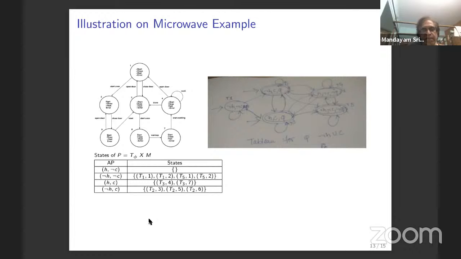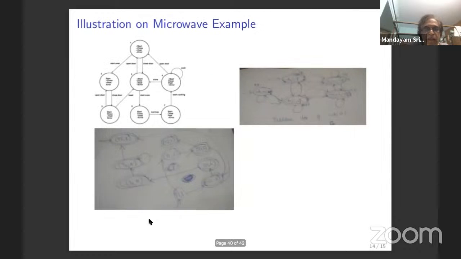That's clear, right? Okay. So then you make the transitions. I've included both this and this. Since T4 and T5 are the thing, T4 will not figure.